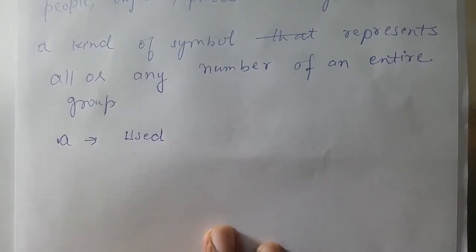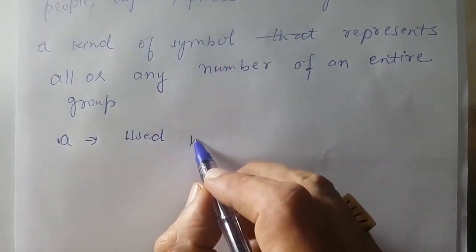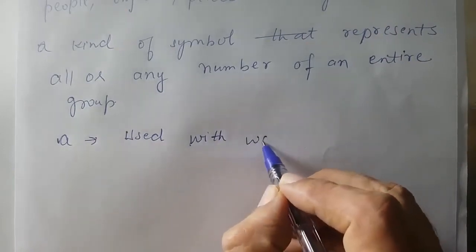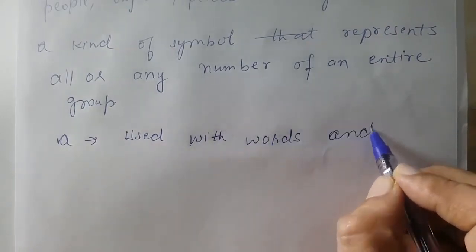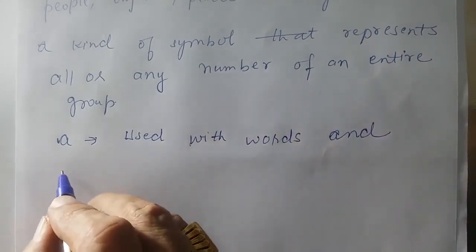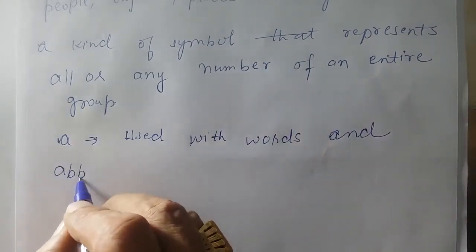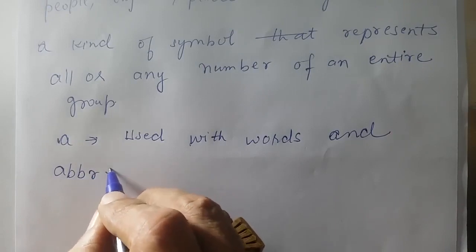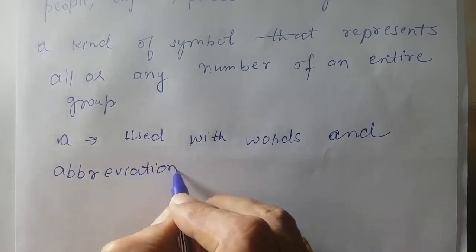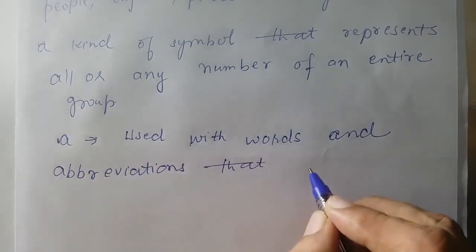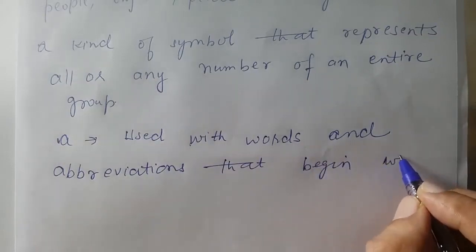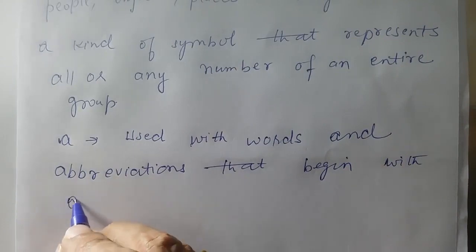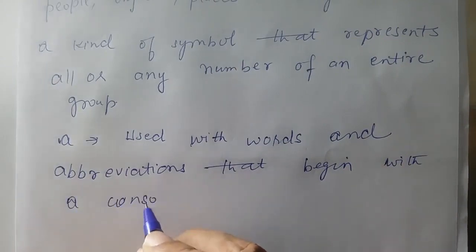I know you know what a or an is, but use the technicality of the word, how technical the meanings of these words are. A is used with words and abbreviations that begin with a consonant.